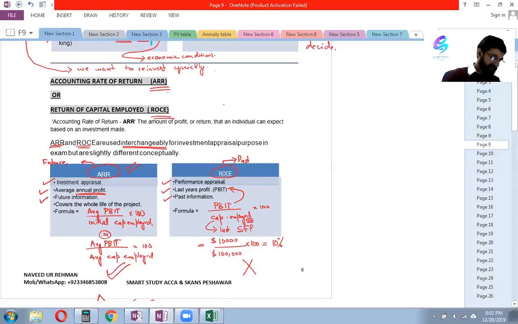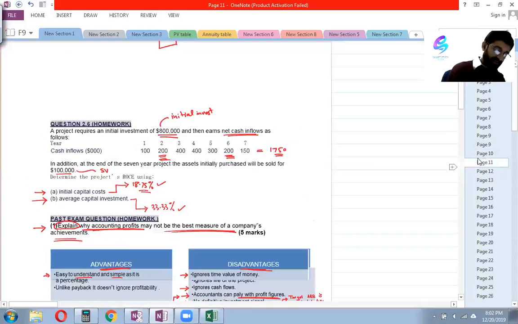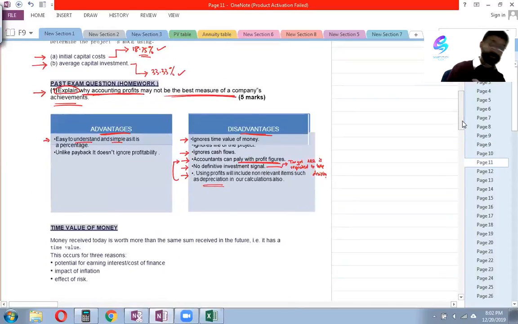And the other thing is that you simply are looking for the profit on your capital employed, right? So how much percentage profit you can get. Why is the percentage better as compared to the absolute value? If it is in dollars, that is absolute value. The percentage gives you an idea of how much is the percentage profit considering the capital employed.